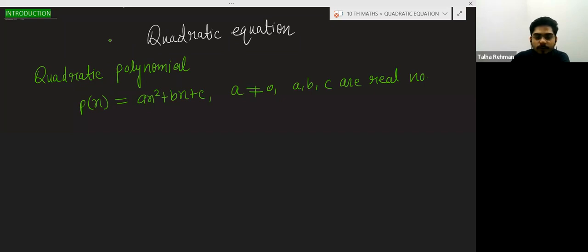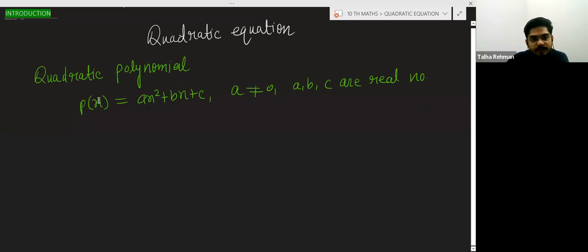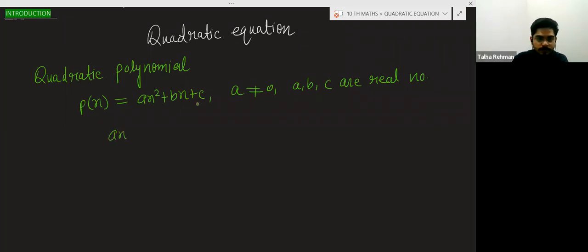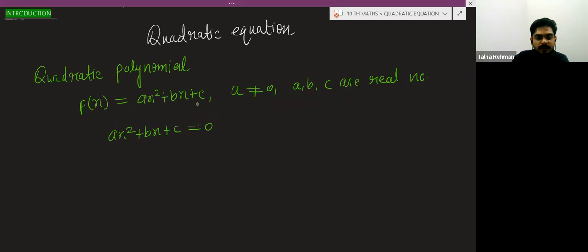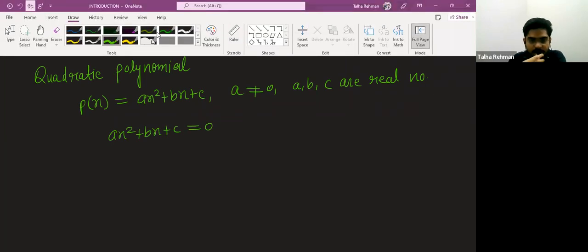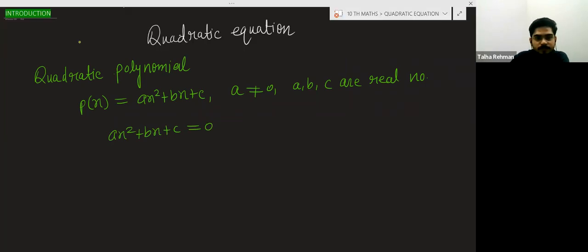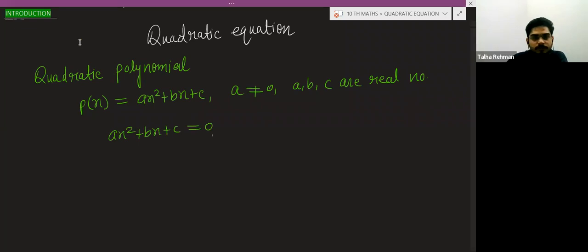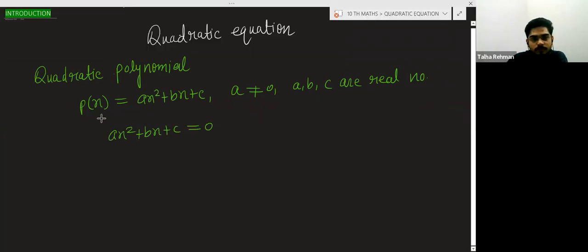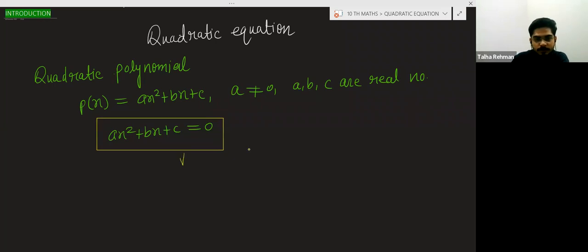If you put p(x) equal to 0, then this equation will become the quadratic equation. So if you write ax square plus bx plus c is equal to 0, this is a quadratic equation.